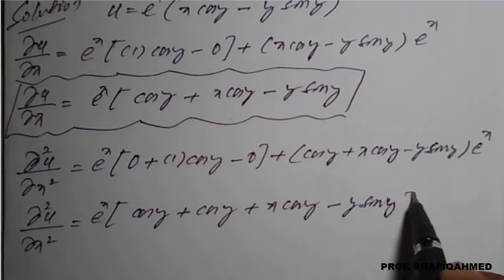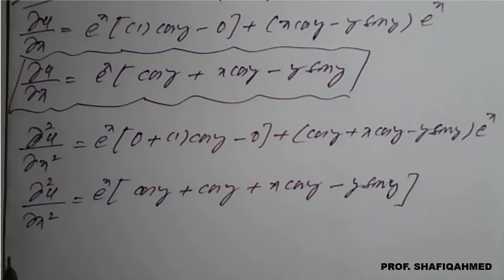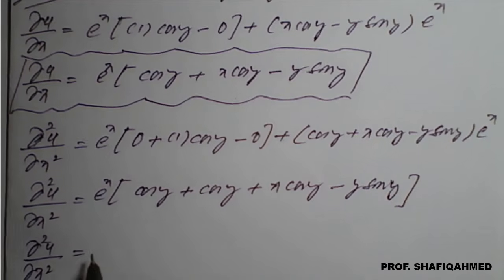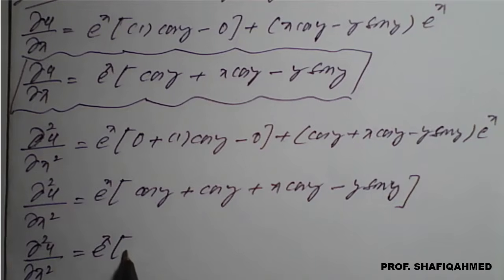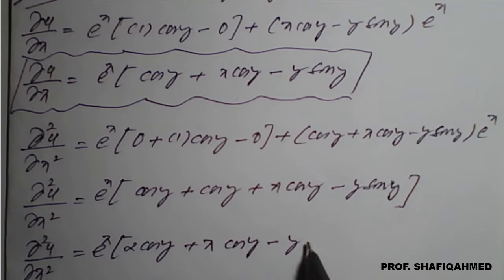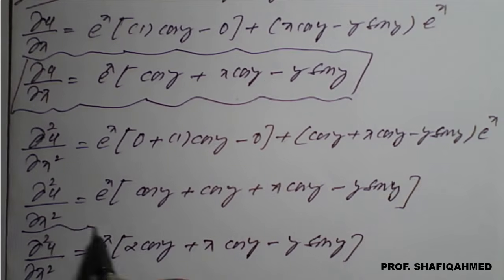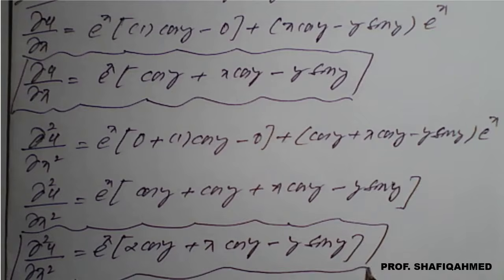This e raised to x I have taken common already. So we'll check here, anything that is the same we can add. Therefore dou square u upon dou x square finally becomes e raised to x into (2 cos y plus x cos y minus y sin y). So this is the double derivative of u with respect to x partially.